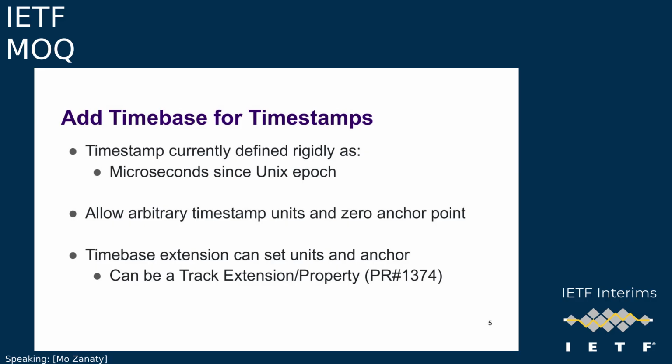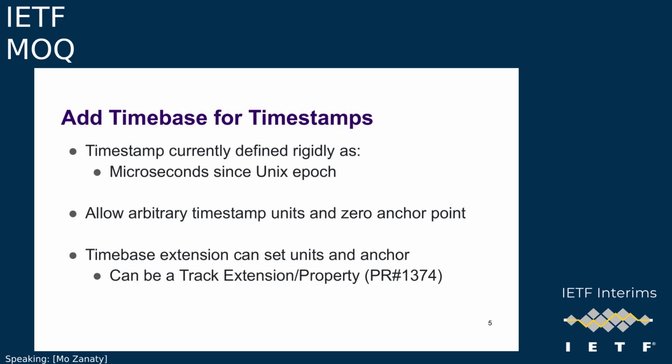There's only a single timestamp extension, but the units of it and the 0 point are arbitrary, and they're defined by another extension called the time base. So the time base would provide the units and provide the 0 anchor point, if any. And that's the way a lot of OS APIs and media APIs in general around timestamps work today.